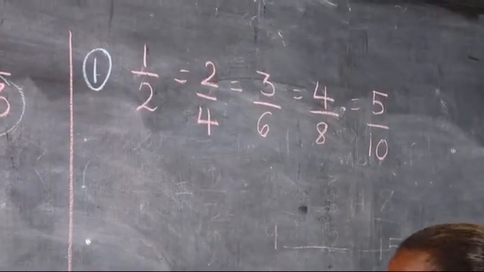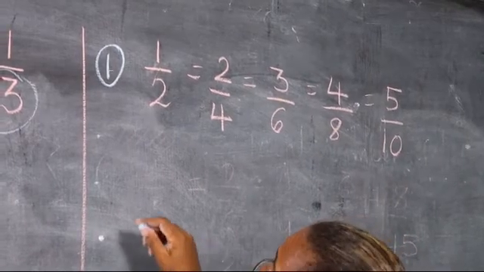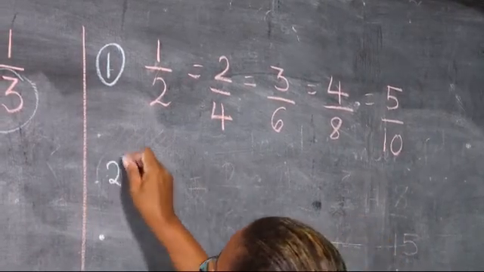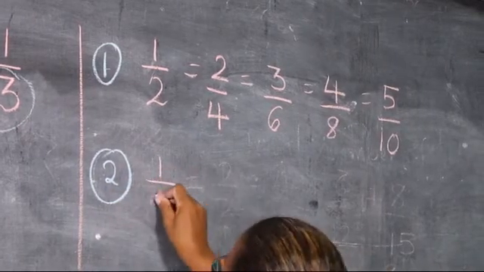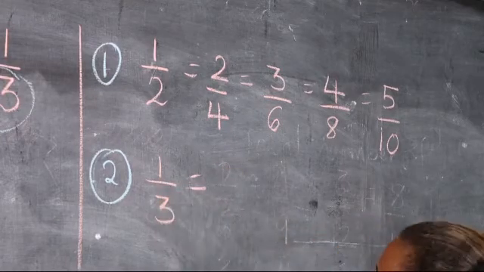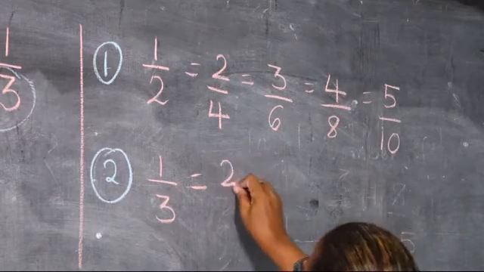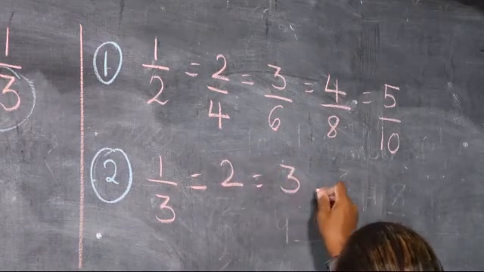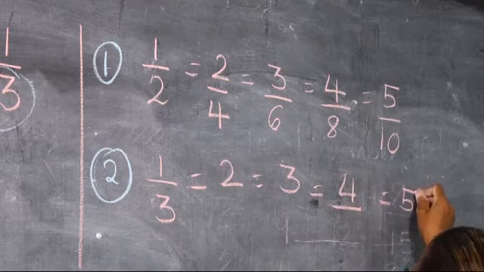So now we will move to find the equal fractions of 1/3. Okay? 1/3. We will find the multiples of 1 first. 1, 2, 3, 4, 5.